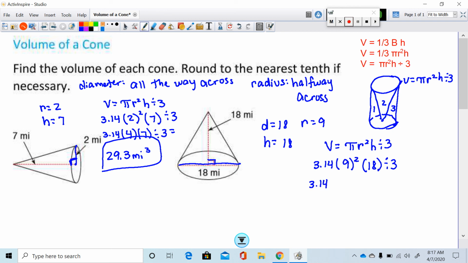So 3.14 times 81 times 18 divided by 3. And when you calculate that, you get 1,526.0. It did have a decimal portion, but the direction says nearest tenth, so that's why I'm putting 0.0. And then it's miles cubed. Volume is cubed.